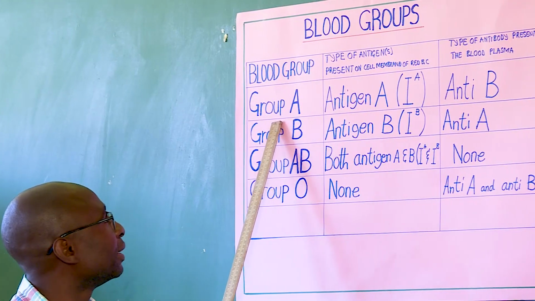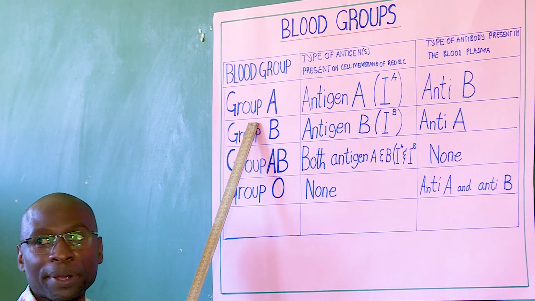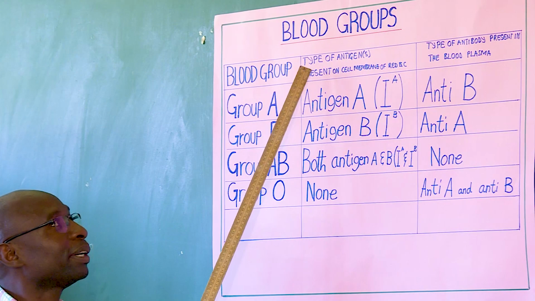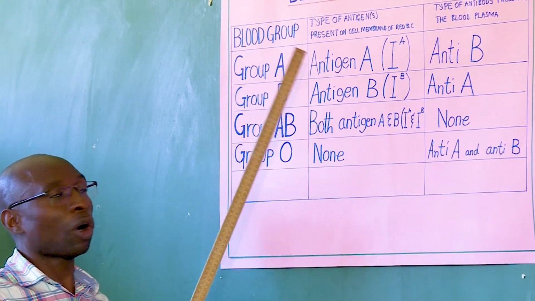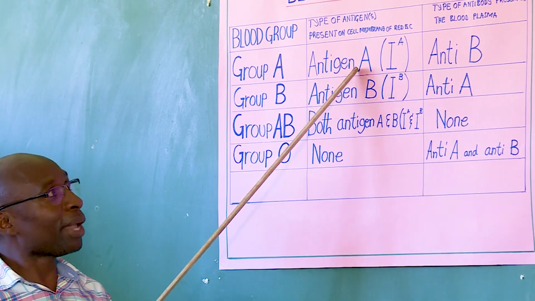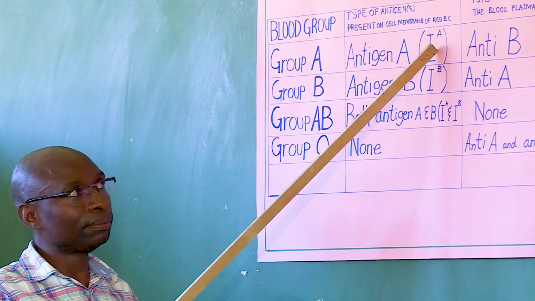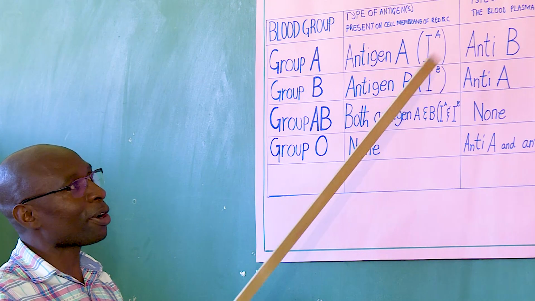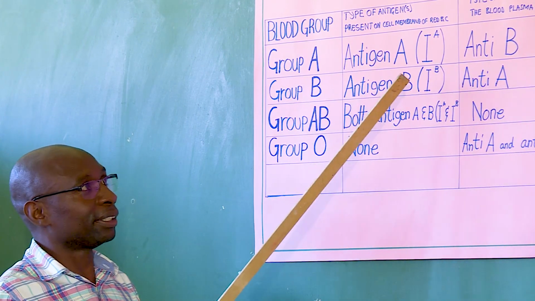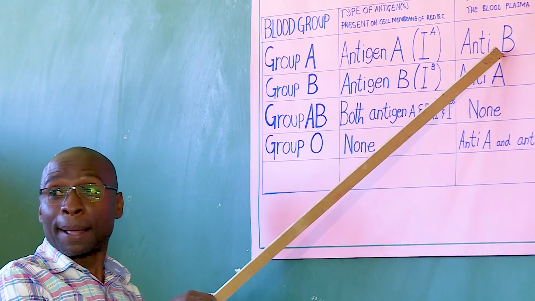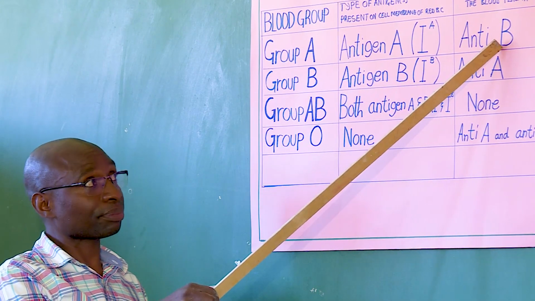If you look at blood group A, the type of antigens present on the cell membrane of the red blood cells, we have A. Now, the type of antibody present in the blood plasma is what? Anti-B.